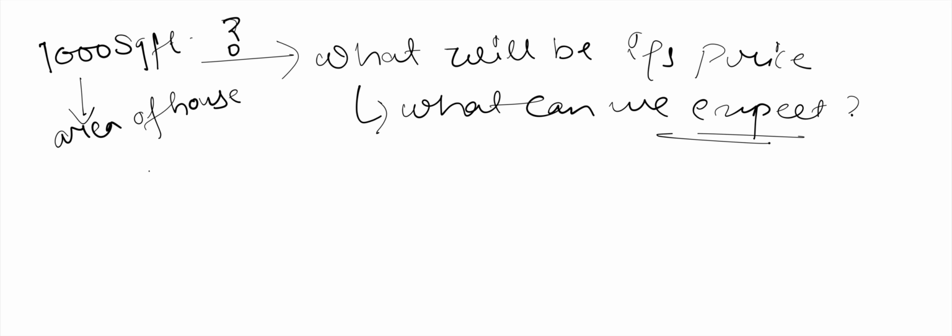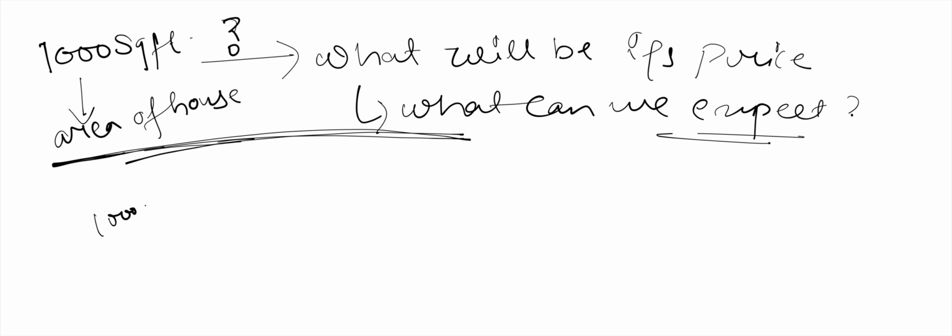So how do we do it? Before predicting this data, we have to train our model. Let's forget about ML for a moment. Suppose you said that in this area for 1,000 square feet, you can expect $100,000.